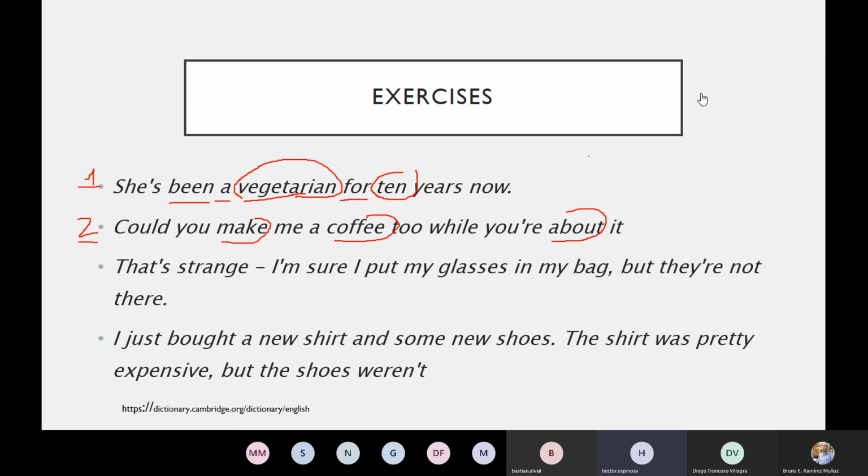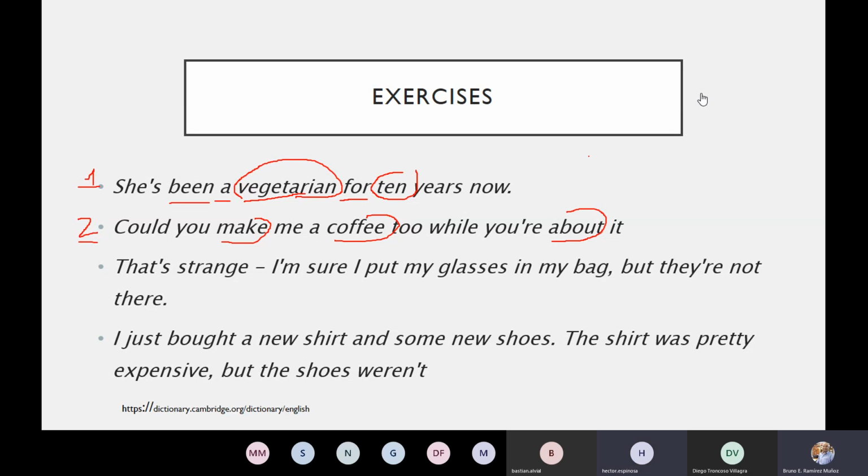Resumiendo, summing up. What types of words are always stressed? What type of words are we always using in the strong form? Yes, strong form is connected with content words. Always content words.